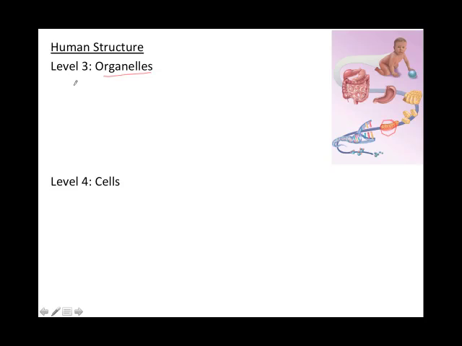And these organelles would include things like ribosomes, mitochondria, Golgi bodies, endoplasmic reticulum. All of these are structures that are actually found within the cell, made up of molecules and macromolecules. And it's all of these structures then that allow a cell to function.